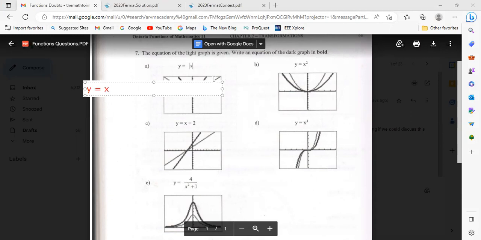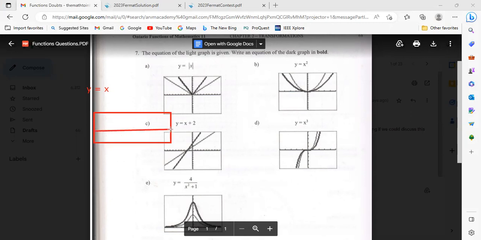For example, if I draw a table of two variables, let me give a few values for x and y. y and x are the same.